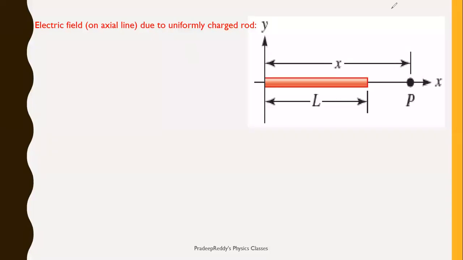As a part of that, in today's session, we will be learning how to find electric field due to uniformly charged materials, and that comes under electric field due to continuous charge distribution.